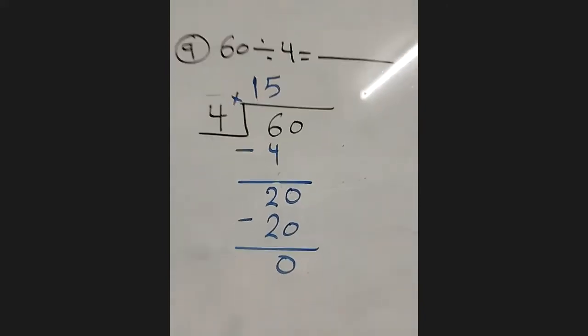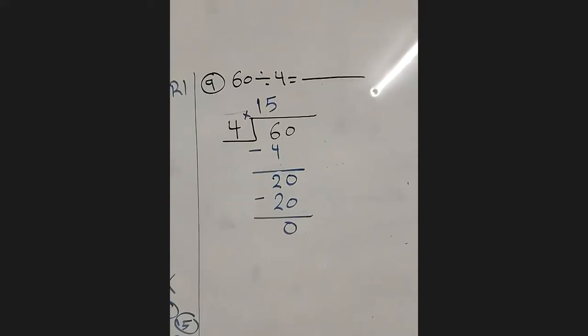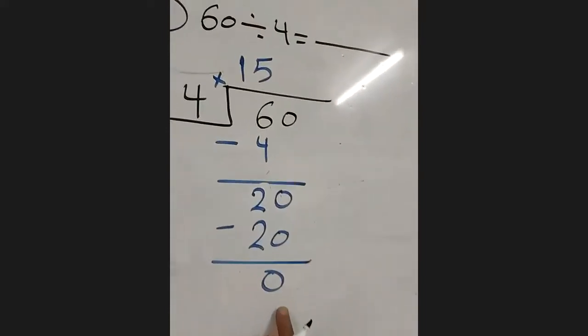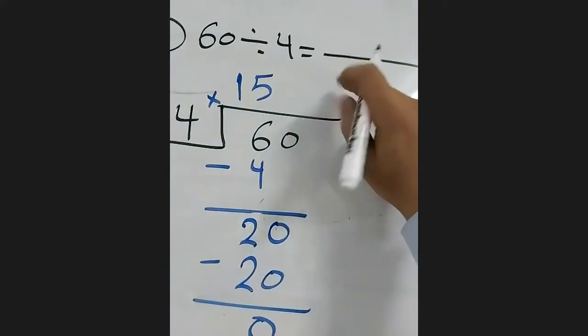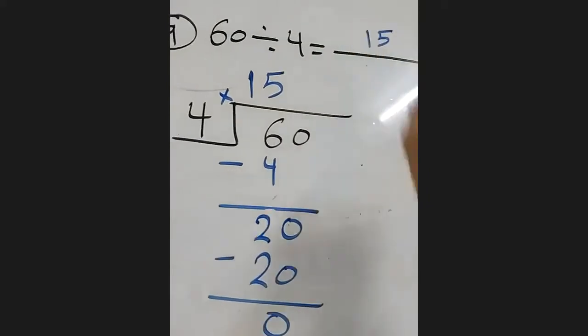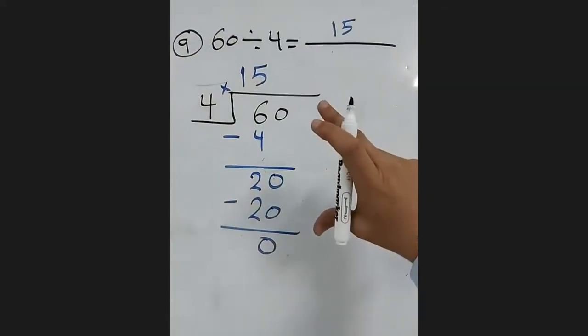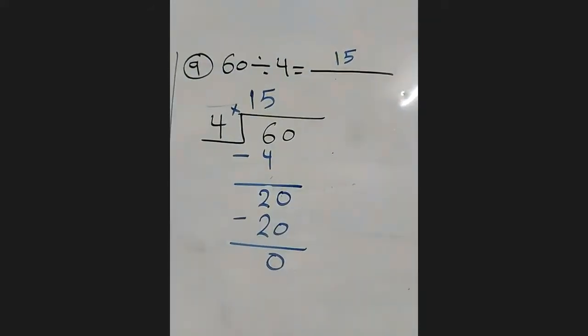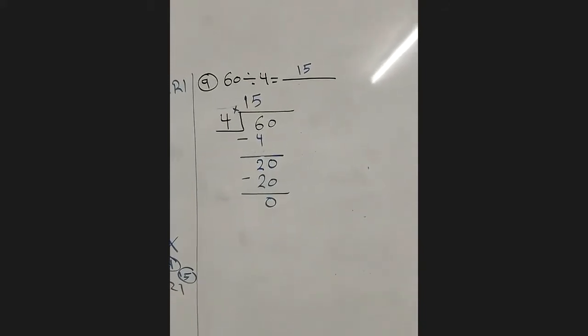Remainder 0. So what's the answer, ya Kinan? 15, with remainder 0, but no need to write remainder 0. So the answer is 15. Go here in your book and write the answer, 15. Copy this under the question and put the final answer here quickly. Thank you, Kinan. This is question 9, guys.